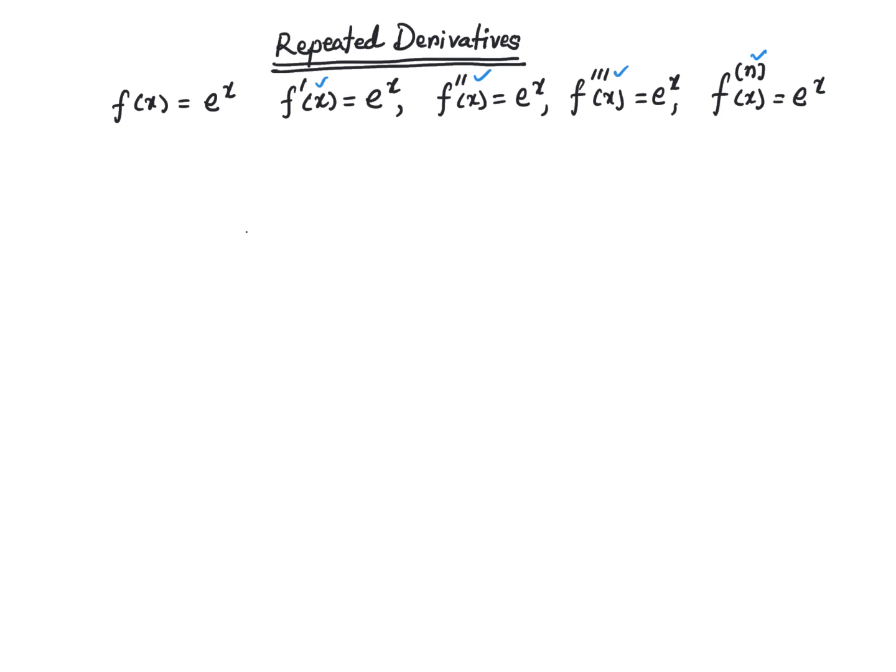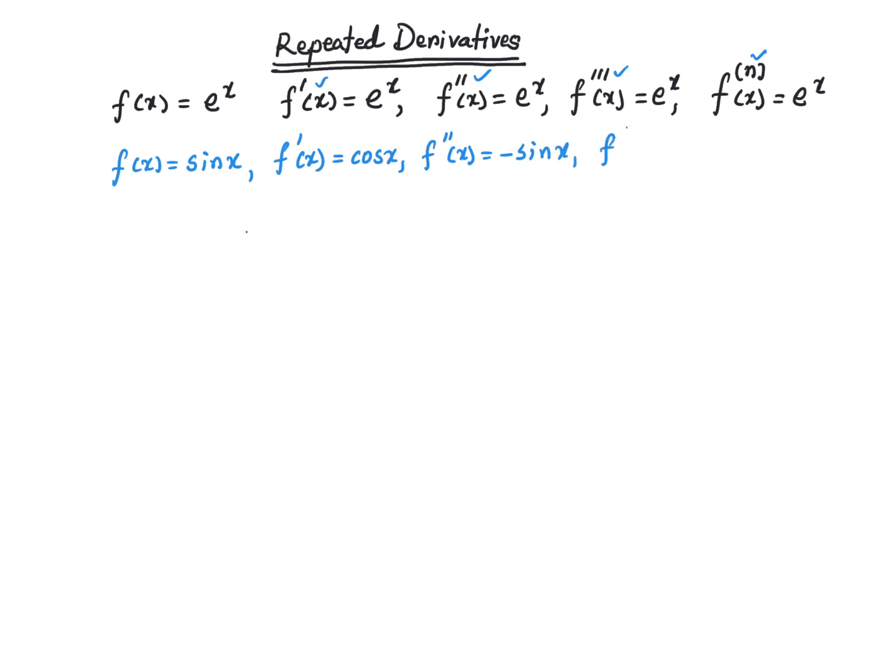Similarly, you could take derivatives of f of x is equal to maybe sine of x, and you can take the derivative indefinitely for this. f prime of x is going to be just cosine of x, and f double prime of x is going to be negative sine of x.